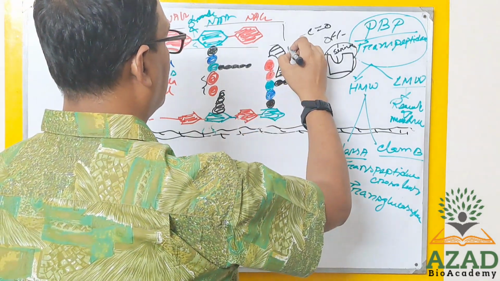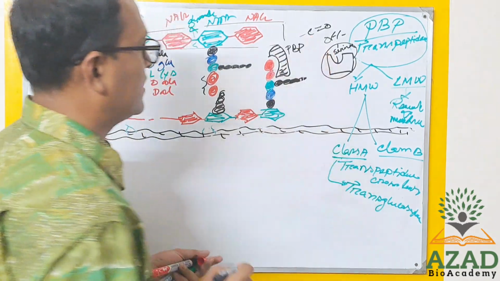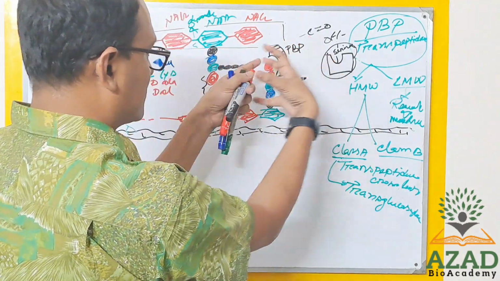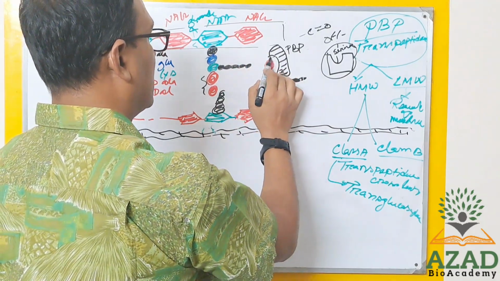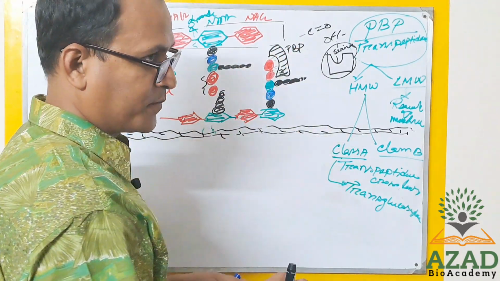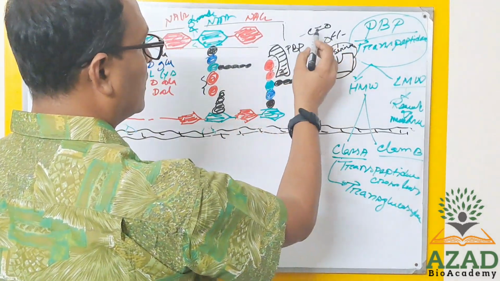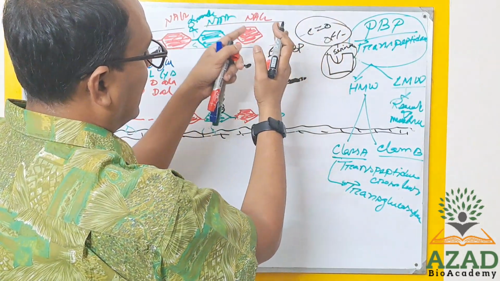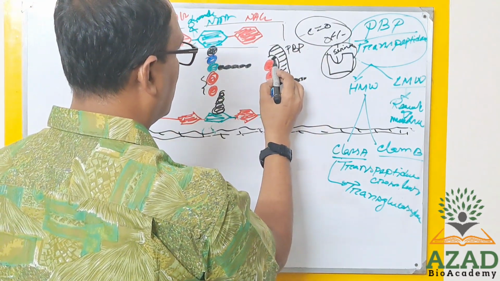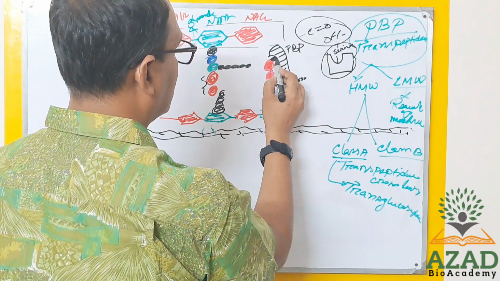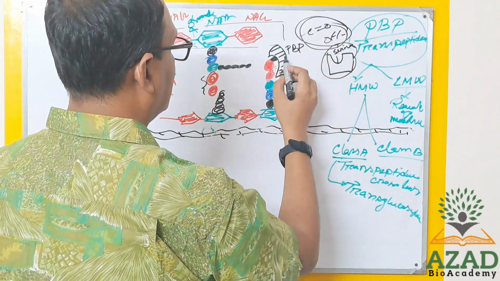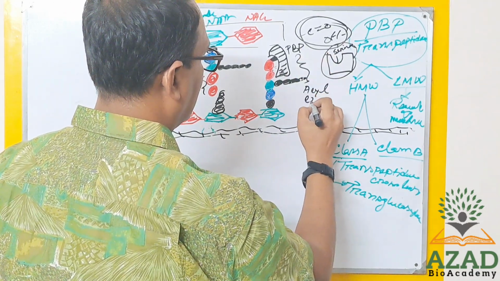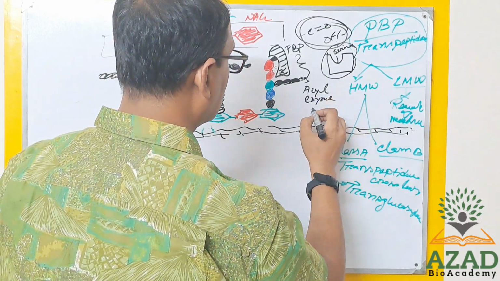This enzyme is PBP, penicillin binding protein, that is the transpeptidase enzyme. Initially they will attract each other by an invisible hydrogen bond, and then it will form a bond between them by acylation. That is the acyl enzyme intermediate.